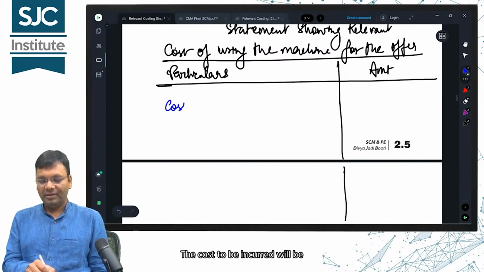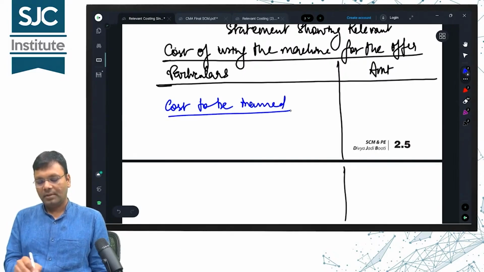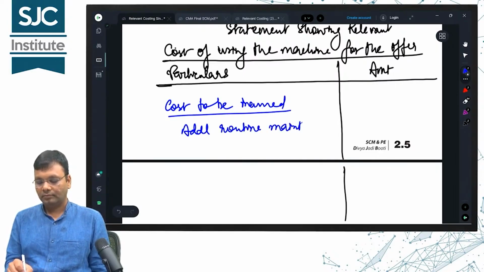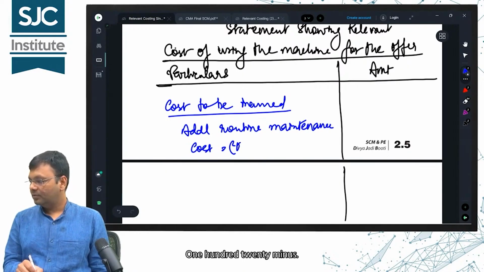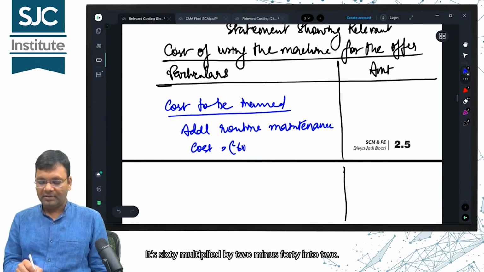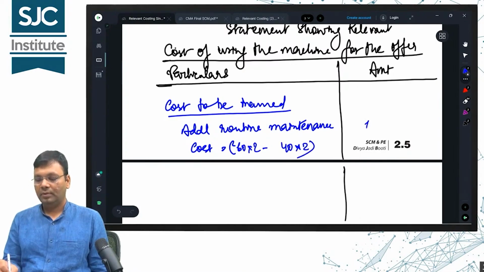So the cost to be incurred will be additional routine maintenance cost. It is 120 minus, no, it's 60 multiplied by 2 minus 40 into 2, that is 40 rupees for 2 months.